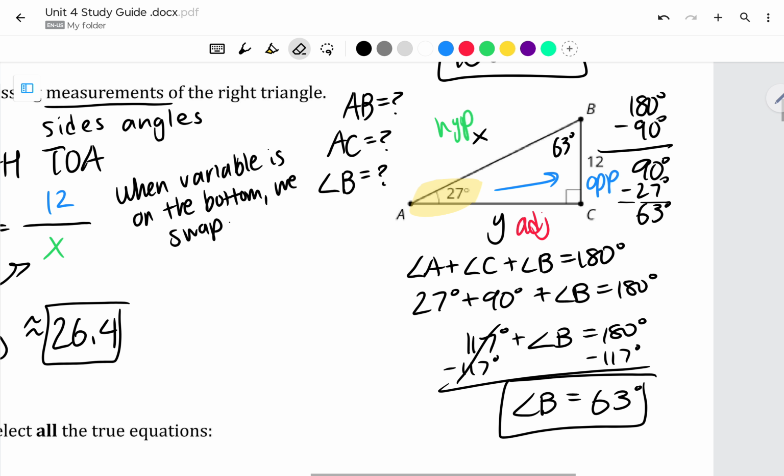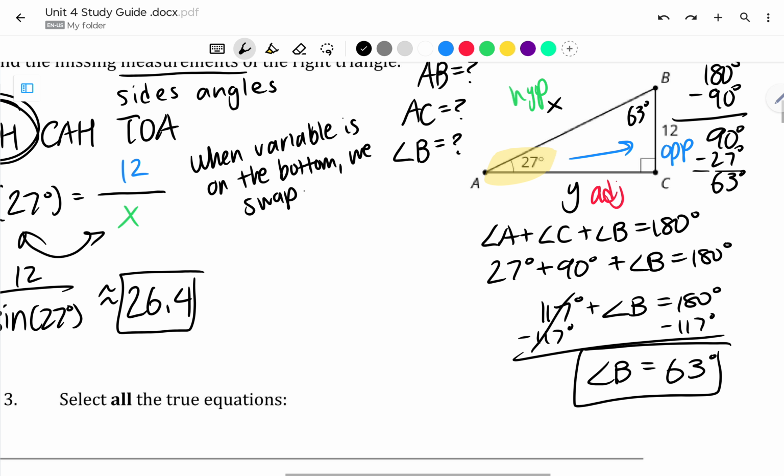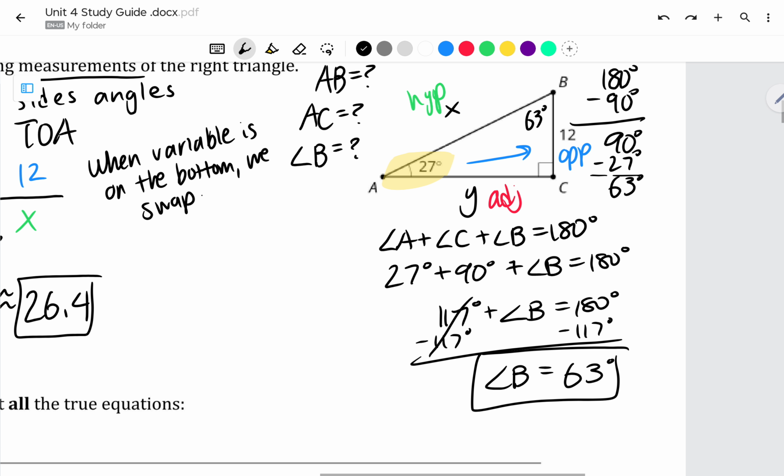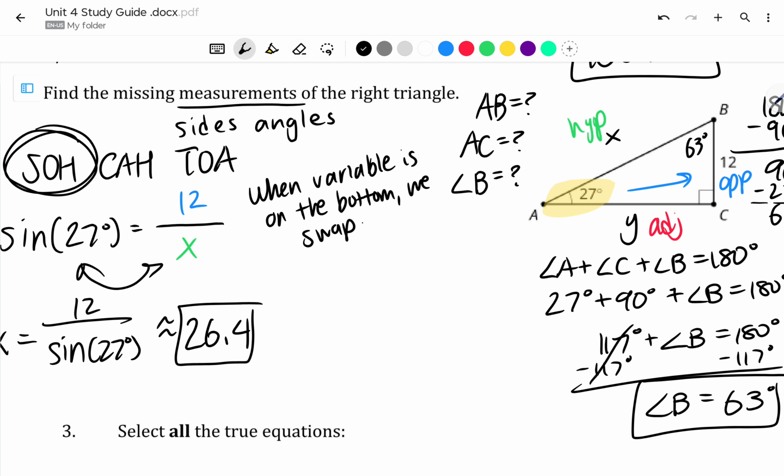Let's solve for y. Y is down here. So we're going to do the same thing. We want to use opposite and adjacent because we know what x is, but it's an estimate. So we want to use the two exact values that we have. SOHCAHTOA.